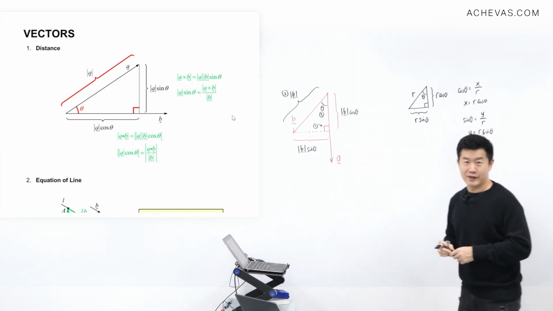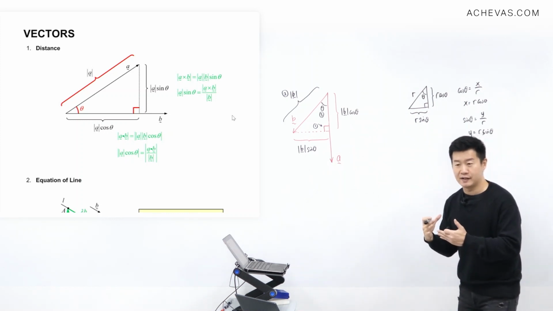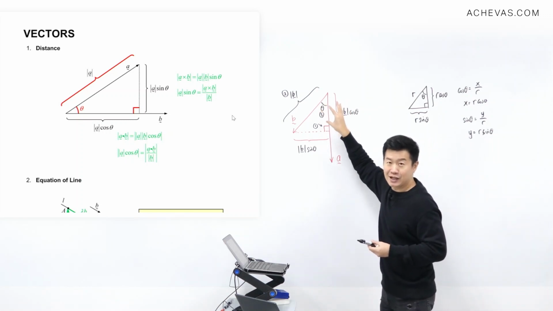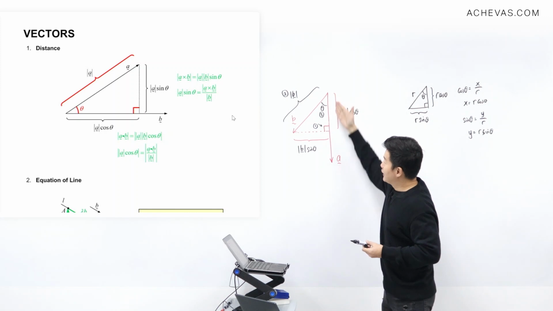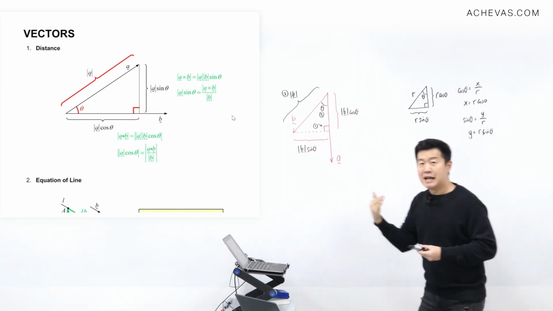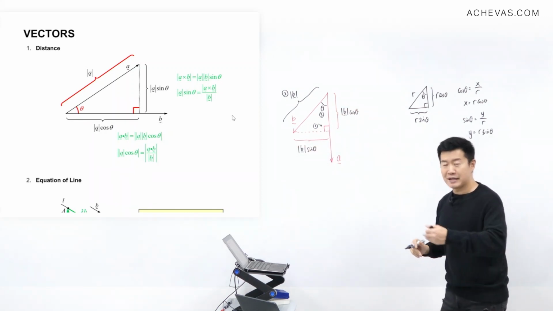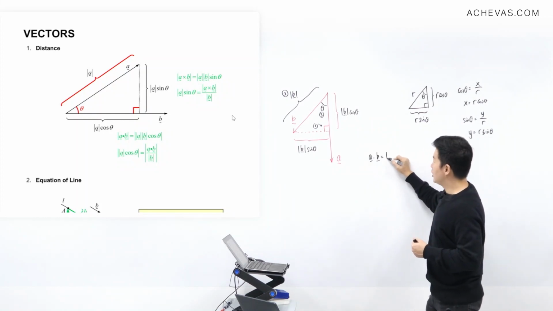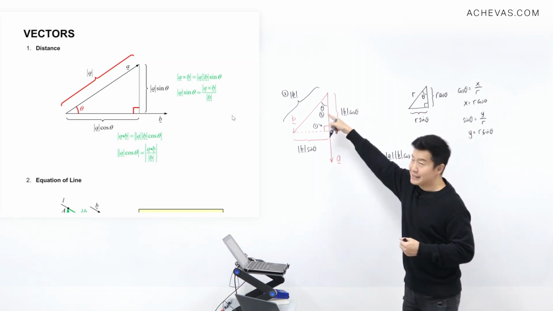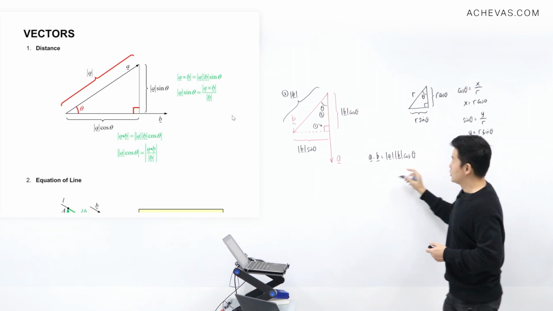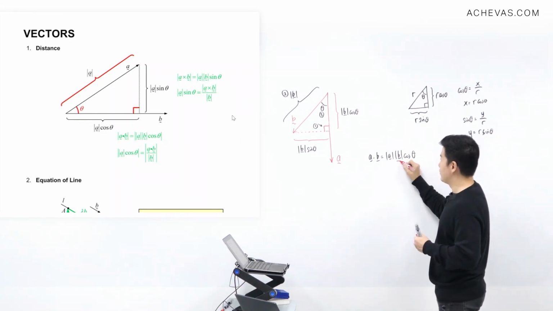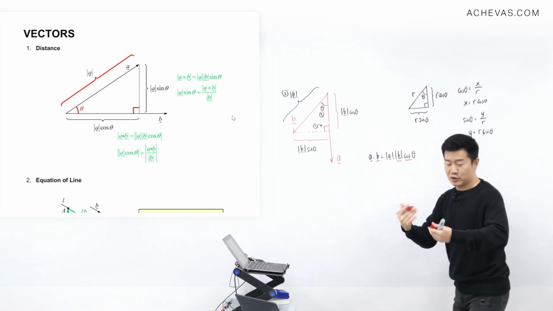Let's try to calculate this distance, which is modulus of b cosine theta. Because we have chosen the place to put theta correctly, which is the angle between vector A and vector B, this theta is the same as the theta in A dot B, because A dot B is modulus of A, modulus of B, cosine theta. If I look at this equation, it does have modulus of B cosine theta, which we are trying to calculate.